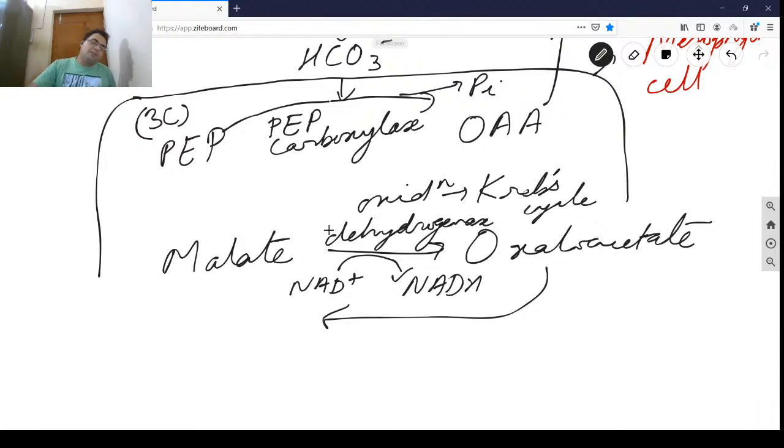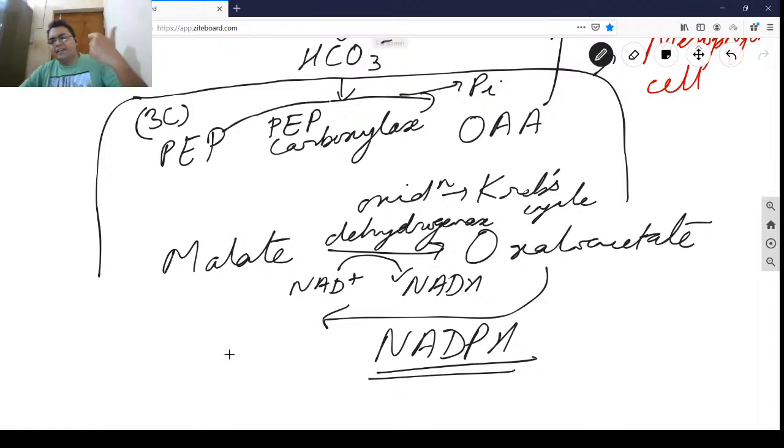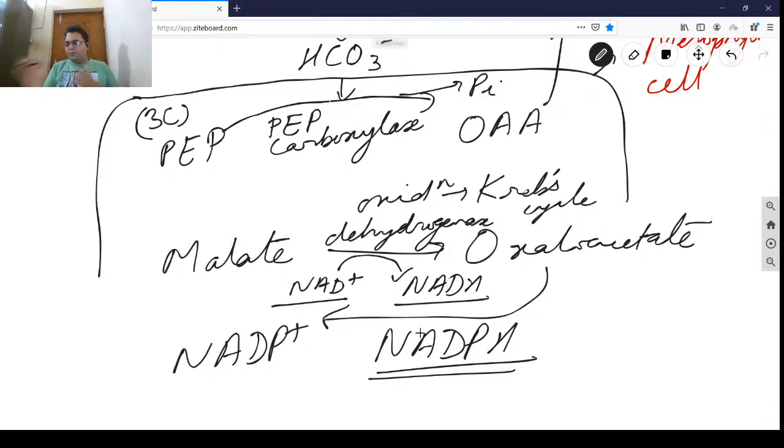Or NADPH can also be used in case of plants. Nicotinamide adenine dinucleotide phosphate hydrogen. This is more used in plants, right? So depending on the availability of NADP plus, NAD plus, NADH, it can go for either of the two reactions or either of the two sides. This is essentially a reversible reaction, right?